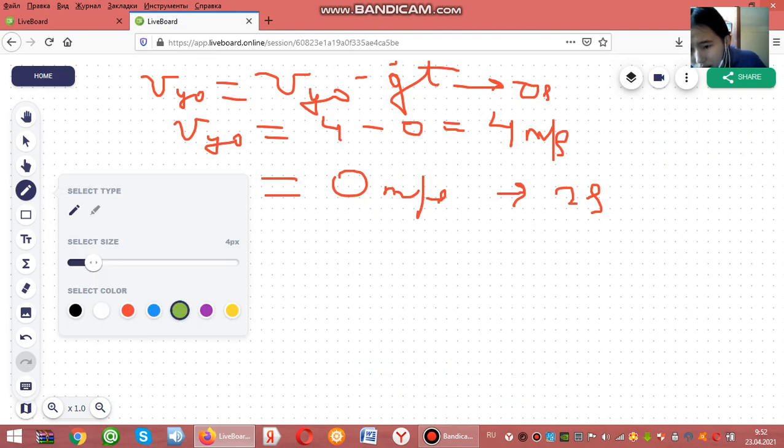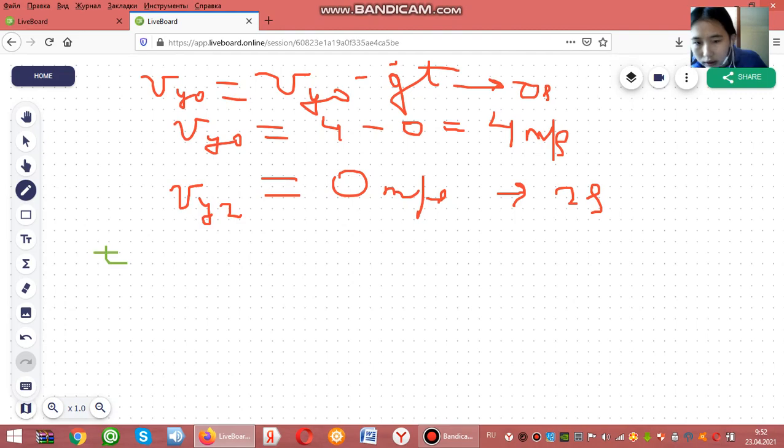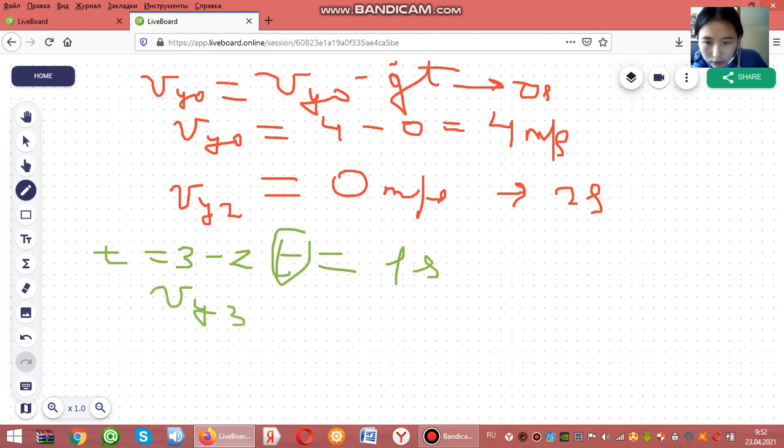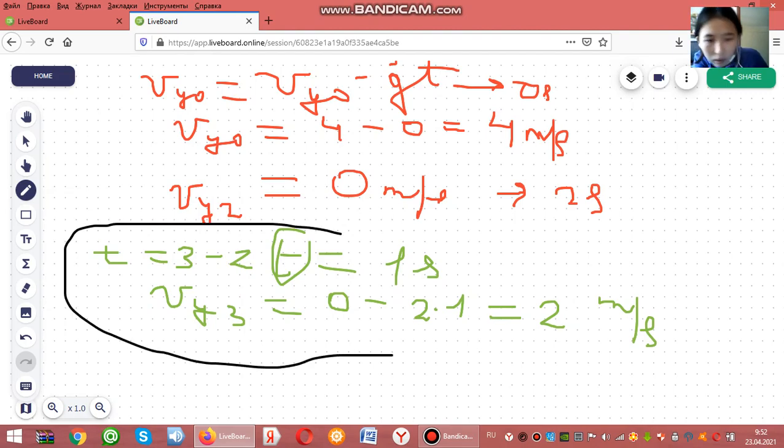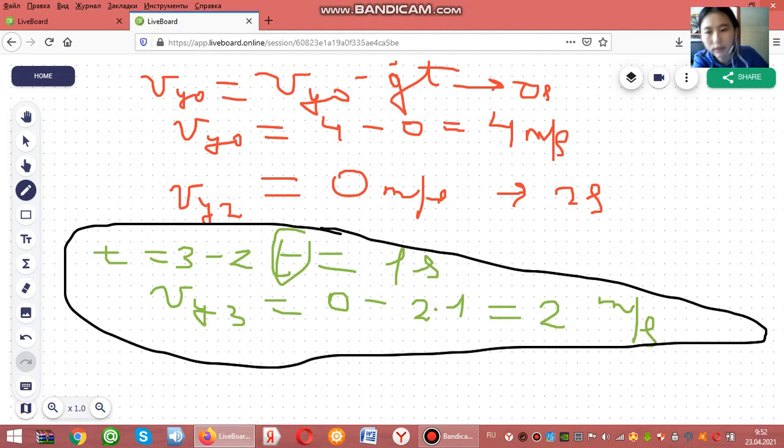Let me write t3 minus t2. It will be 1 second. So here we should find the velocity after 1 second. It will be 2 meters per second. That is all we needed to find for 3 seconds.